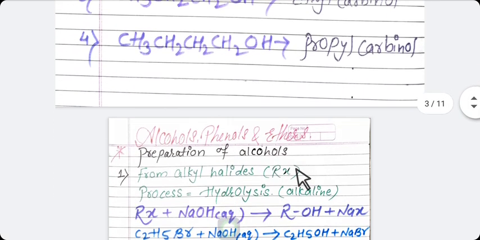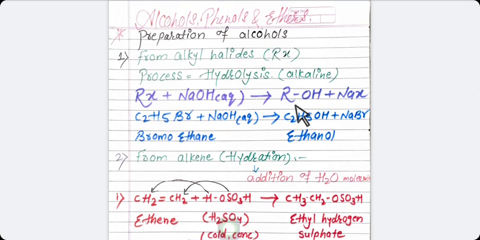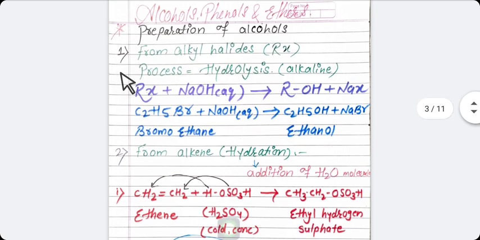Now the next topic from this chapter is preparation of alcohol. The first method is from alkyl halide. As you know, the general formula of alkyl halide is RX. When alkyl halide undergoes alkaline hydrolysis, it gives alcohol.